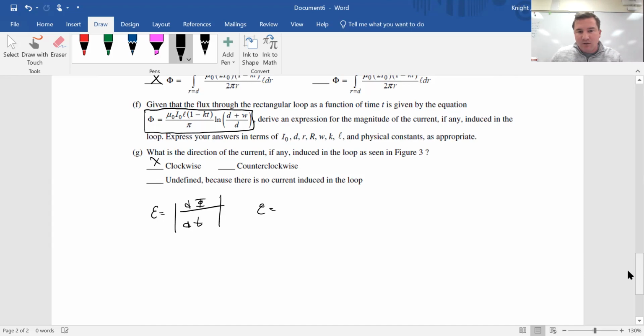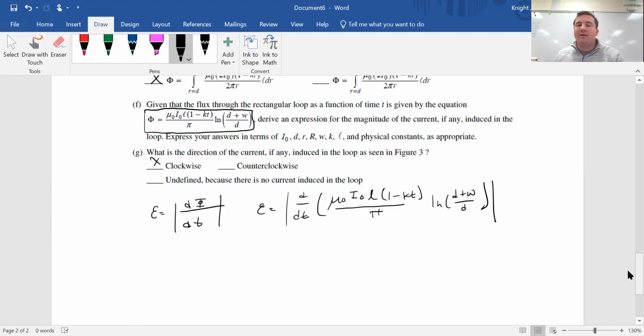So we're going to get E equals d dt of mu naught I naught L times 1 minus kt over pi times the natural log of d plus W over d. We take the time derivative of this whole thing right here.